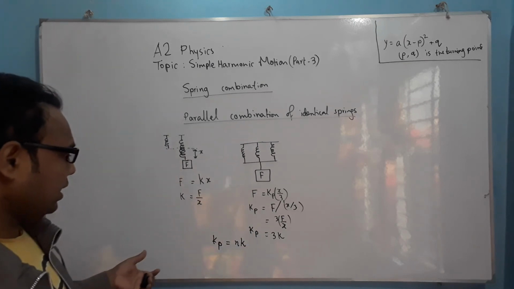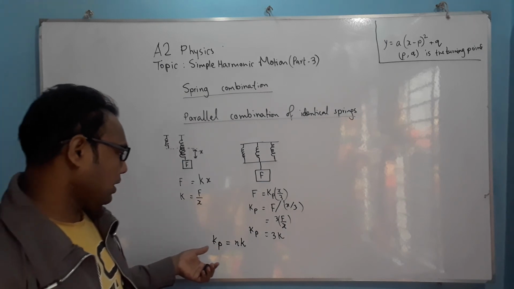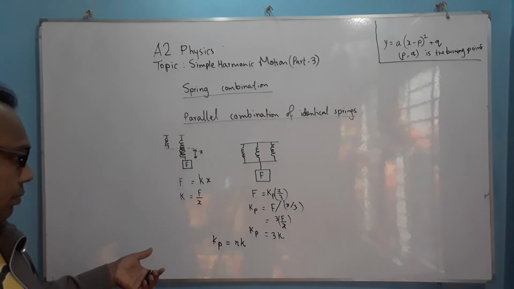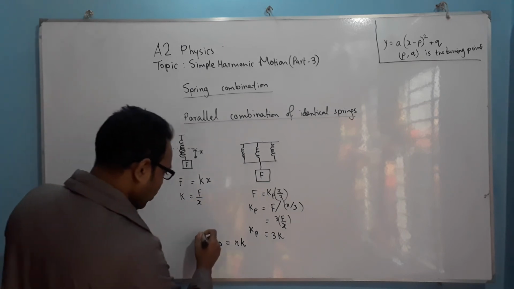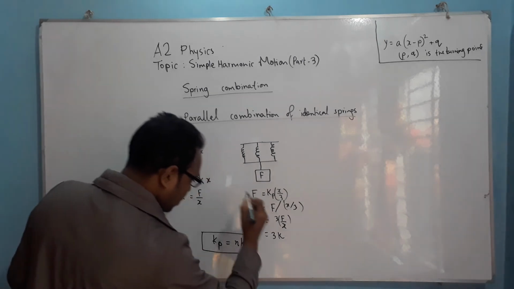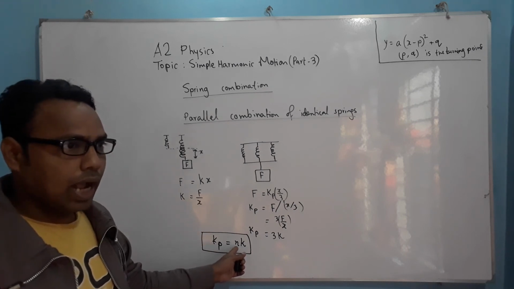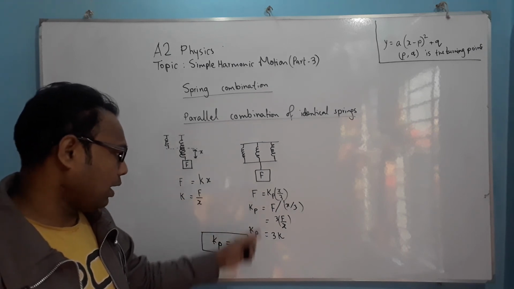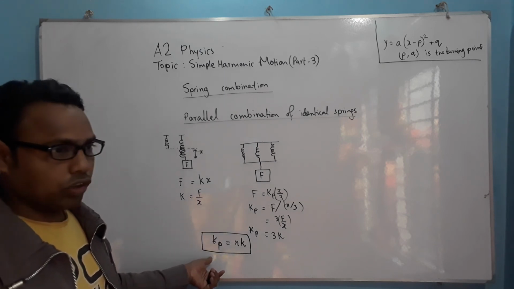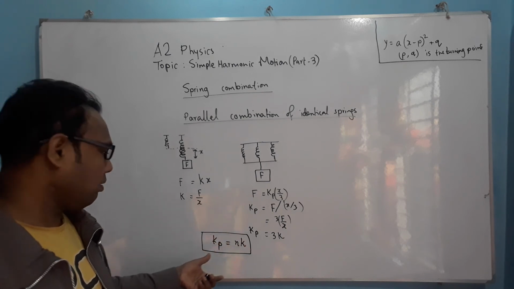So we can see that in the case of parallel combination, the spring constant is increasing for the whole system. That is Kp is equal to nk. Here n is the number of identical springs connected in parallel combination, and Kp is the spring constant of the whole system of springs connected in parallel combination.